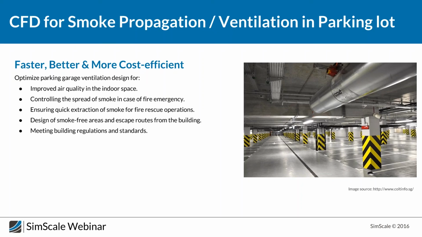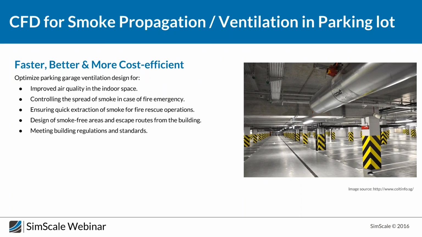Second is the cases of emergency. When something goes wrong, when there's a case of fire, when maybe some equipment is overheating and catches on fire, we have to remove the extra smoke from the system. This also is one of the cases that need to be considered.